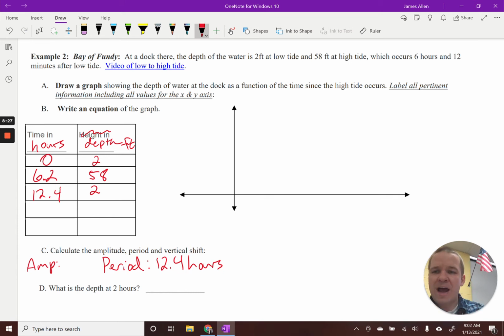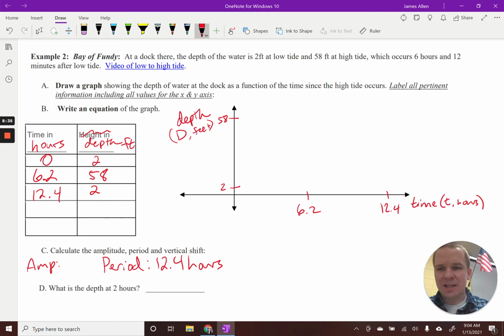So let's start graphing this thing. I'm going to scale some things out here while I pause the video, and then we'll graph it together. So at this point in my scaling, it looks like I'm really going to need that midline. So let's calculate that, shall we? I would take 58 plus 2 and divide that by 2. 60 divided by 2 is 30.